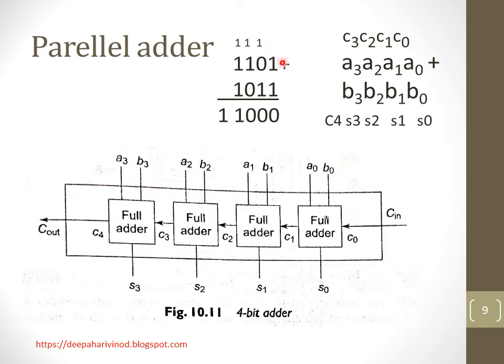Let me number this as the A series and this one the B series, the carry as the C series, and this as the sum, and the final MSB as the carry C4. In the same way, A0, B0 and S0 along with C0 are considered in the first full adder.